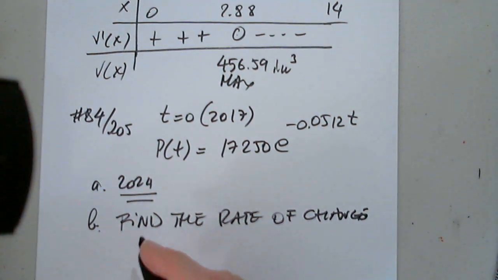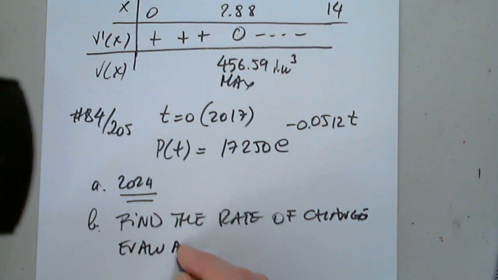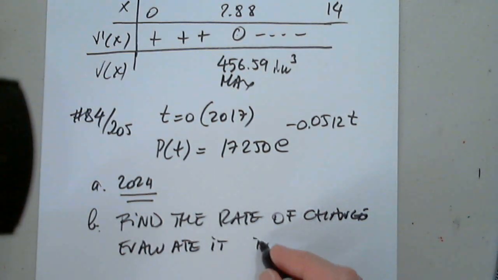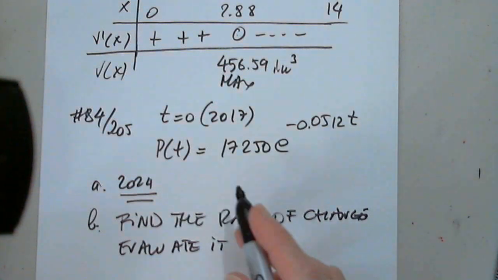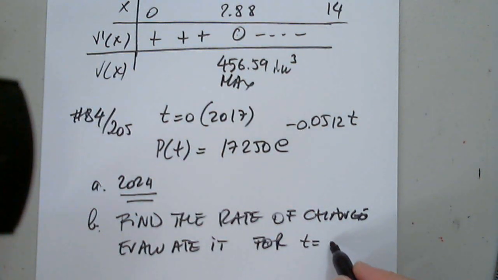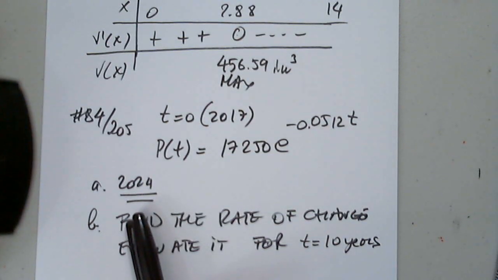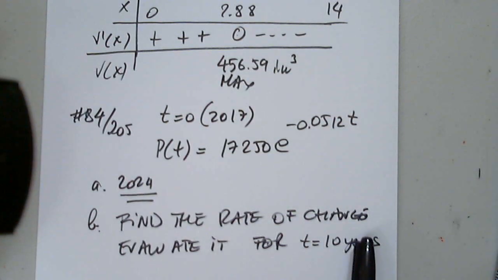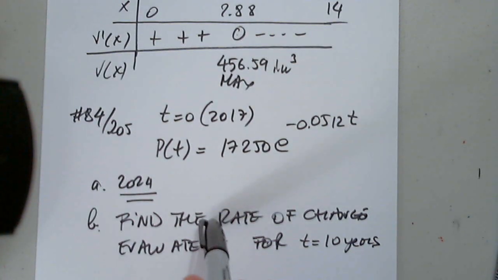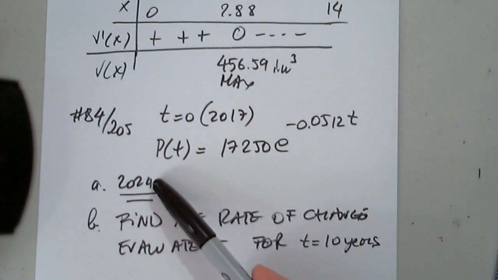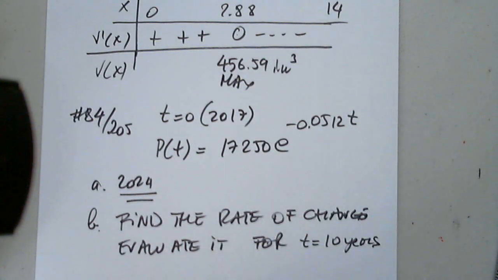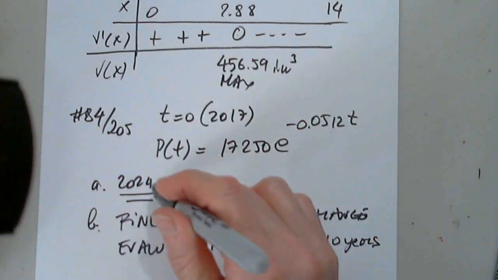Find the rate of change and then evaluate it for t equals 10 years. That's all I want. So find the population in 2024 and find the rate of change, and then evaluate the rate of change for, if you want, 2024 or 10 years later from 2017. So how do we address the first part?